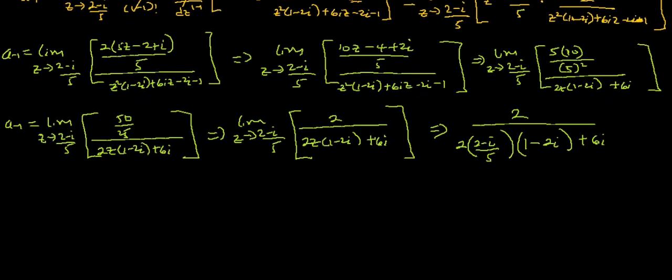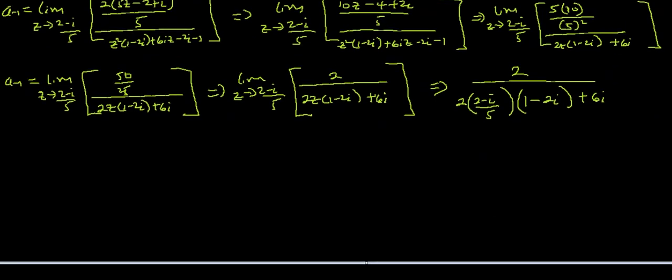So let's solve this to the end. So a minus 1 will be equal to 2 divided by, now let's open this bracket. If we open this bracket now, we are going to have, okay, let's separate this first of all. 2 over 5 minus i over 5, and this is into 1 minus 2i plus 6i.